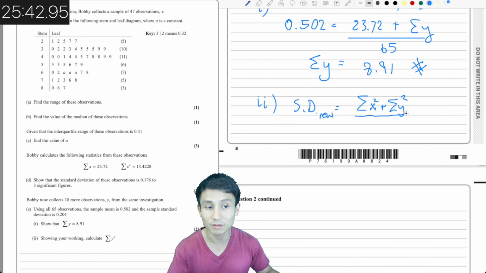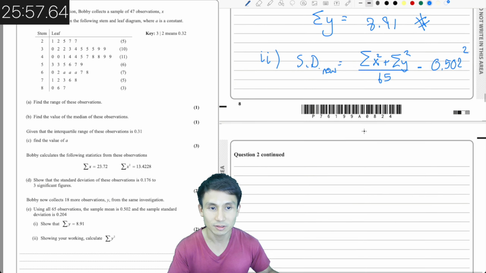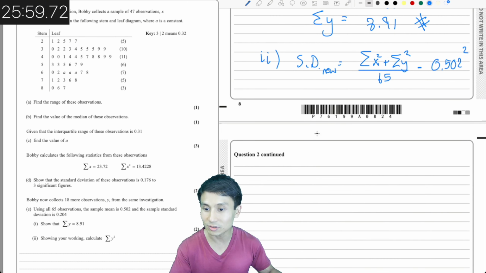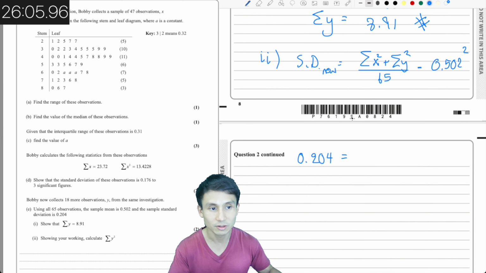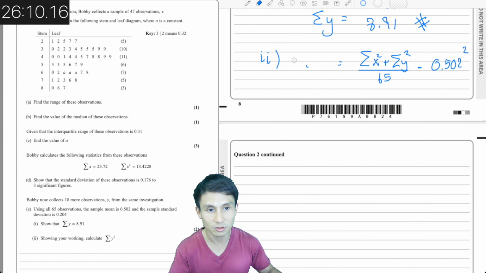That is the new sum of squares, divided by 65 in this case. And then we subtract the new mean, 0.520 squared. We're given that the standard deviation has now become 0.204. So we just plug everything in and solve for the equation. I'm just going to do that already, if you don't mind.